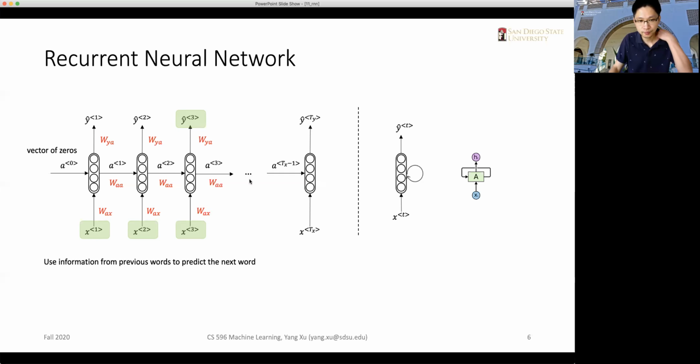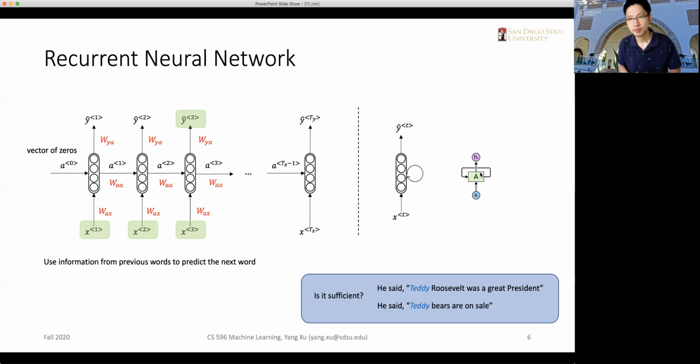Okay, the previous information is not tossed away, but carried on. It is used in the prediction for time step 3. So that is the place where magic happens in a recurrent neural network.